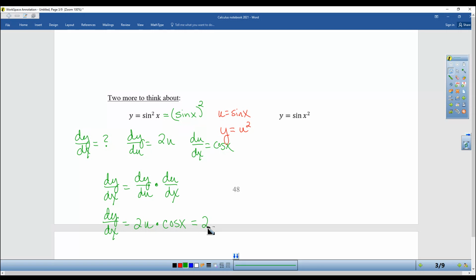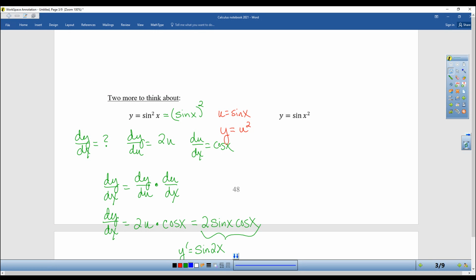You can't leave it that way. u is sine of x, so 2 sine x cosine x. And, of course, I'm going to keep reminding you, especially if you're in AP, that sometimes a multiple choice answer will be written as sine of 2x, just to see if you remember that trig rule.